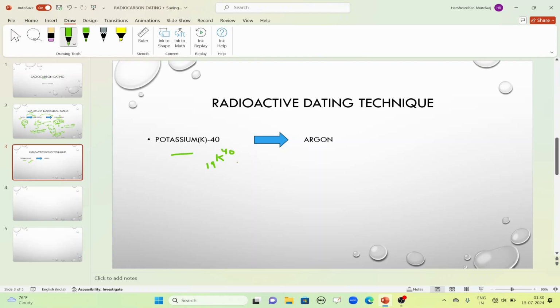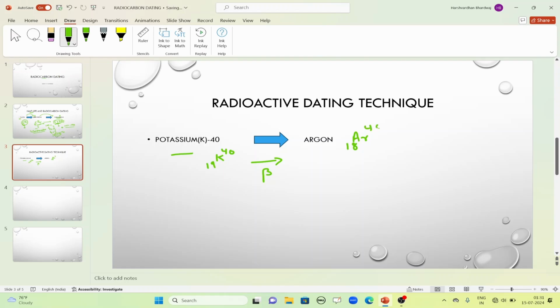This potassium isotope undergoes beta decay, emitting a beta particle. The same thing happens with carbon 14, which also decays by beta decay. It gets converted into argon, whose atomic number is 18, and as you know it is a noble gas, so it has a stable configuration.